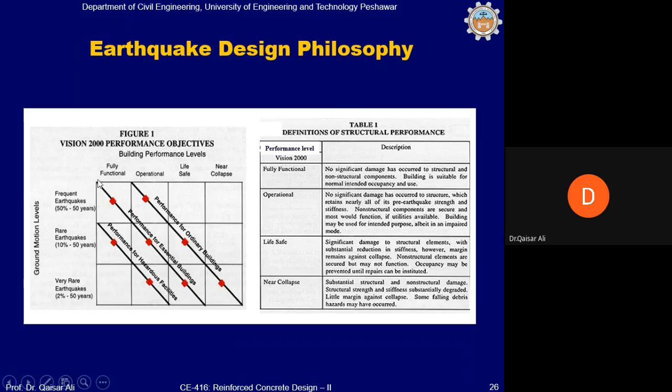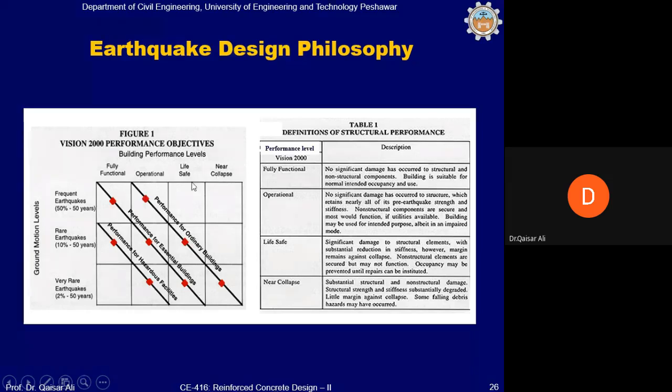Okay. So fully functional means that the building should remain fully functional if it is within this quadrant with respect to the frequent earthquakes, and it should remain operational, its life safe level and near collapse level.